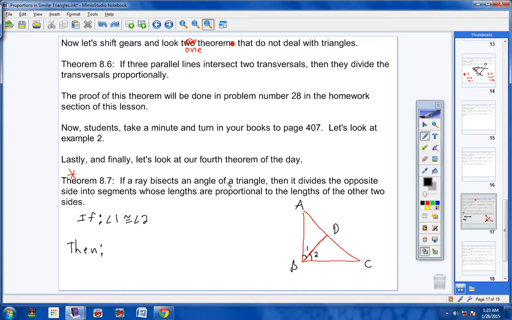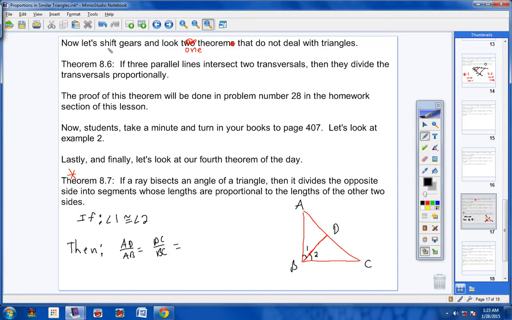If a ray bisects an angle of a triangle, so I'm just gonna put if 1 is congruent to 2, then we know we have proportional sides, so I can say then AD over AB equals DC over BC, okay?